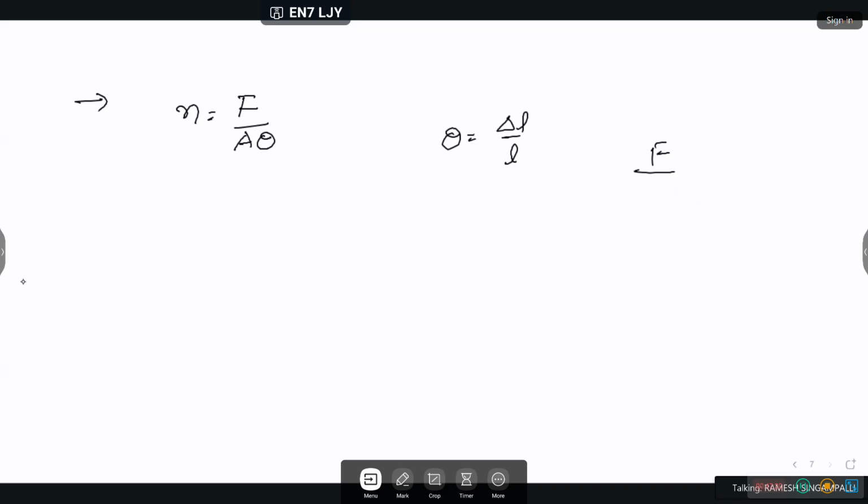A rod of length L and radius R is fixed at one end.